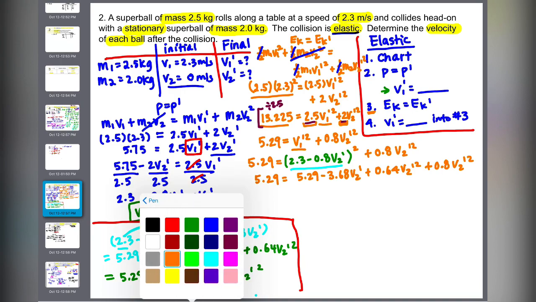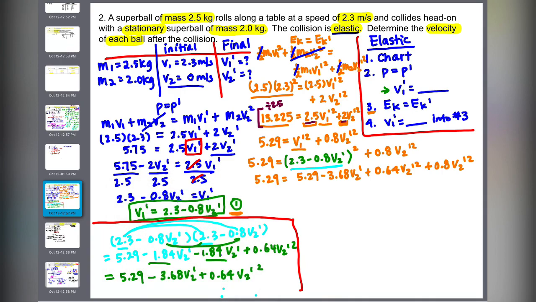Whoosh. All right, let's see what happened again. I got a 5.29 and a 5.29. That's my like terms. I'm going to move this over. So 5.29 minus 5.29 is 0. You okay with that? They're the same. I have minus 3.68 v2 prime. Can't do anything about it.